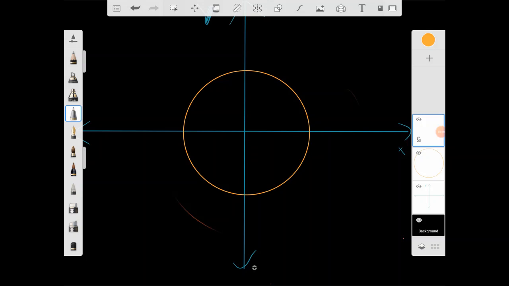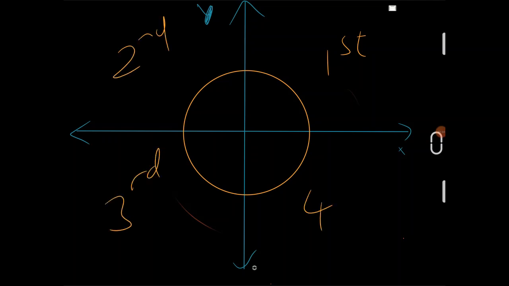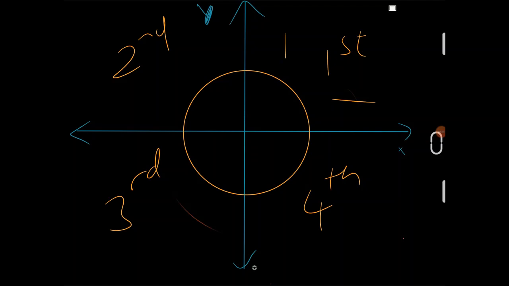Now I want you to see different things. We all know that the Cartesian plane works on quadrants. This is the first quadrant, and we know that this is the second quadrant, this is the third quadrant, and this is the fourth quadrant. I hope you all already know that. In a graph, we have different quadrants, and here x is positive, y is positive.